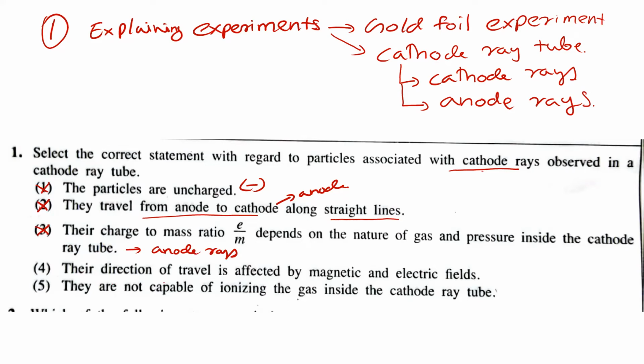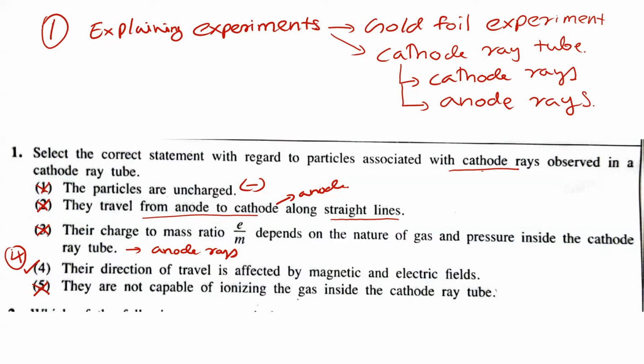Their direction of travel is affected by magnetic and electric fields. And yes, that is true. What is the fifth option? They are not capable of ionizing the gas inside the cathode ray tube. That is wrong. The very reason we see that green color is the ionization, so cathode rays can ionize gas molecules. So the correct option is number 4.